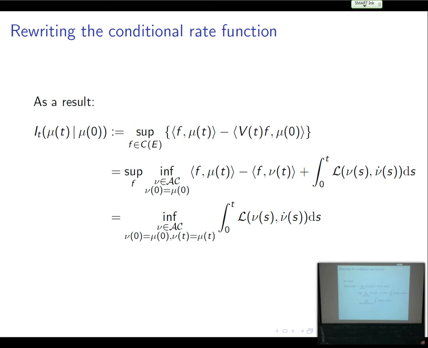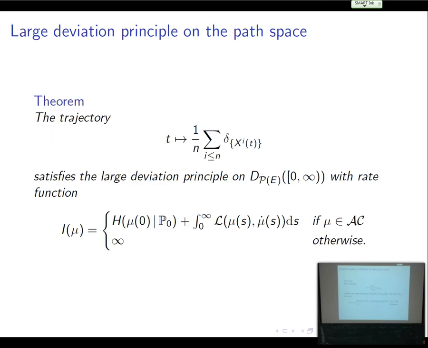And then, essentially, it boils down to the use of the Dawson-Gärtner projective limit theorem, which says that if you can do the large deviations for 2 times, and for 3 times, and for 4 times, and for an arbitrary number of times, and you have a nice rate function, I will not go completely into the details, you can pull it up to the product space, and then you have a large deviation principle there. And then to get it to this space, you would still need exponential tightness. But that's also a detail which I will not go into here.